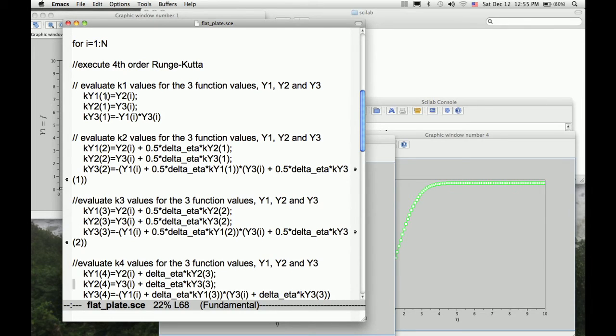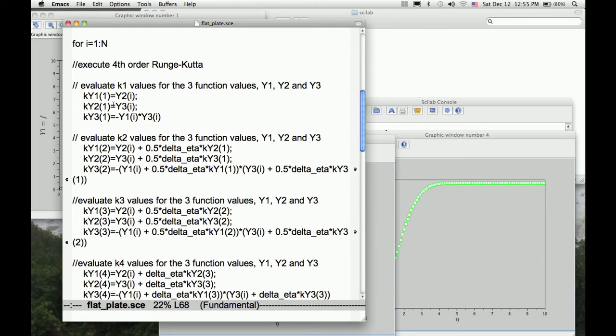It is a fourth order Runge-Kutta. When I go from one eta to the other, I take two more points in the middle. I take the two edge points, the start point and the end point, and I also take two more points in the middle. That is why it is a fourth order Runge-Kutta. You could have a second order or third order as well.